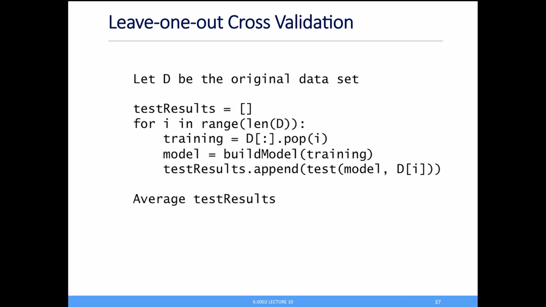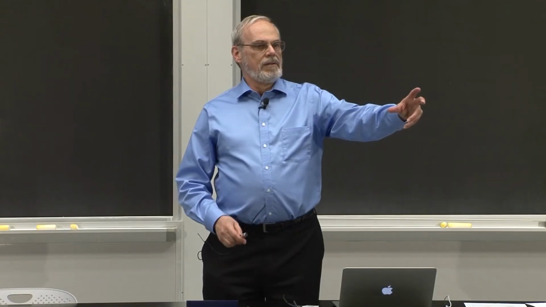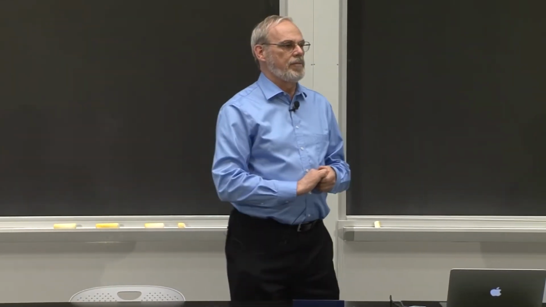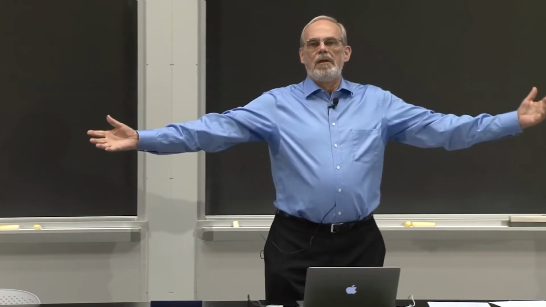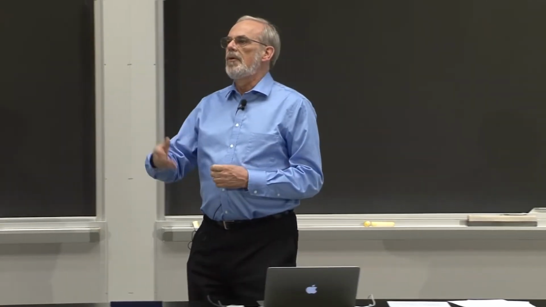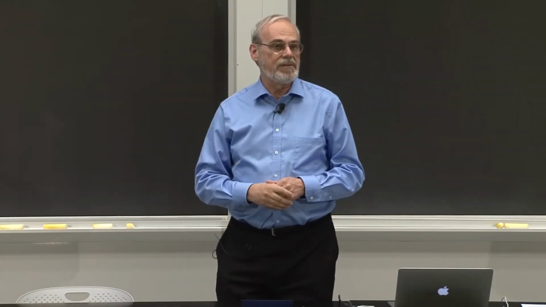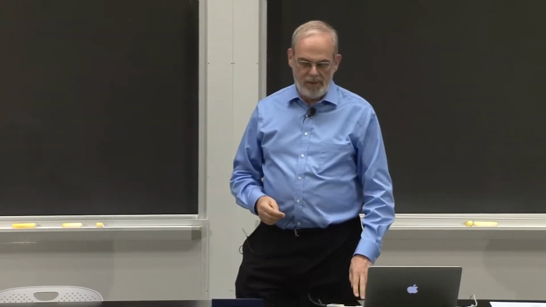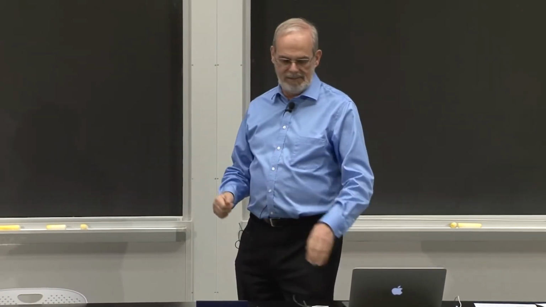For each one of those training sets, build the model, for example, by using linear regression, and then test that model on the data point that you left out. So leave out the first one, build a model on all the other ones, and then see how well that model predicts the first one. Leave out the second one, build a model using all of them but the second one, see how well it predicts the second one, and just average the results. Works when you don't have a really large data set, because it won't take too long, but it's a nice way of actually testing validation.